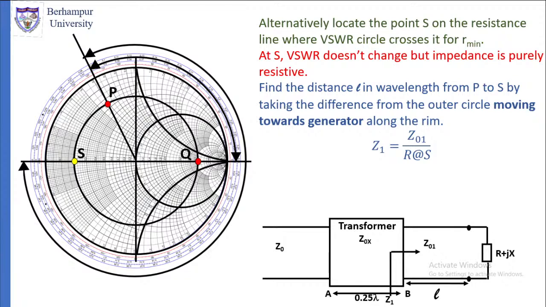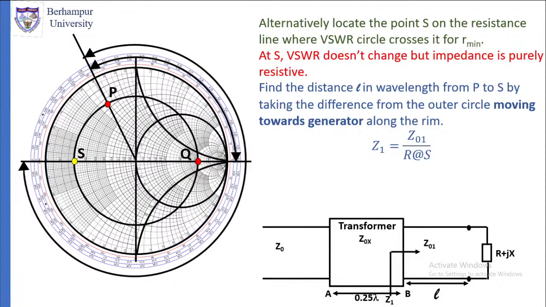Z1 is equal to Z01 divided by R at S. In the previous case, Z1 was equal to Z01 into R. If you go to the minimum point, then it is Z01 divided by R at S. So this is the difference. Otherwise, everything is the same.